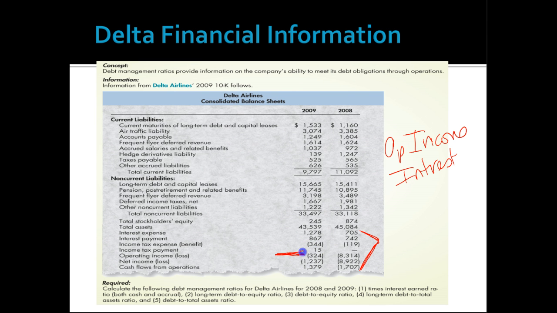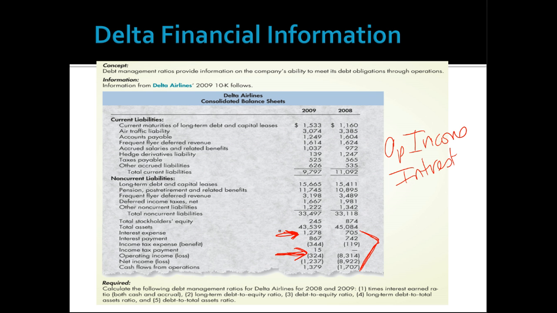In 2009, the company actually had negative operating income. They had an operating loss of 324, I believe this is in millions. They're 324 million. Now, what was their interest expense? Well, I see that right here. It was 1.2 billion. This is not looking too good for Delta now, is it?